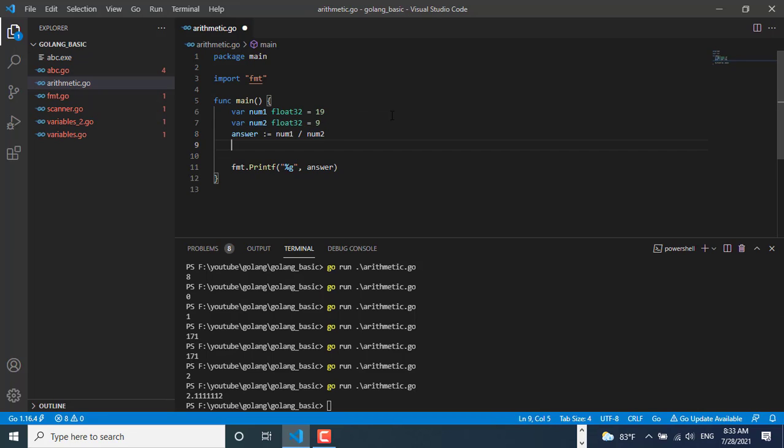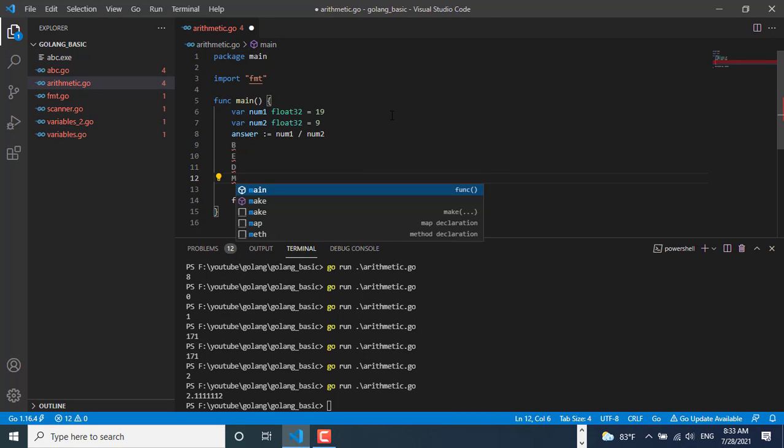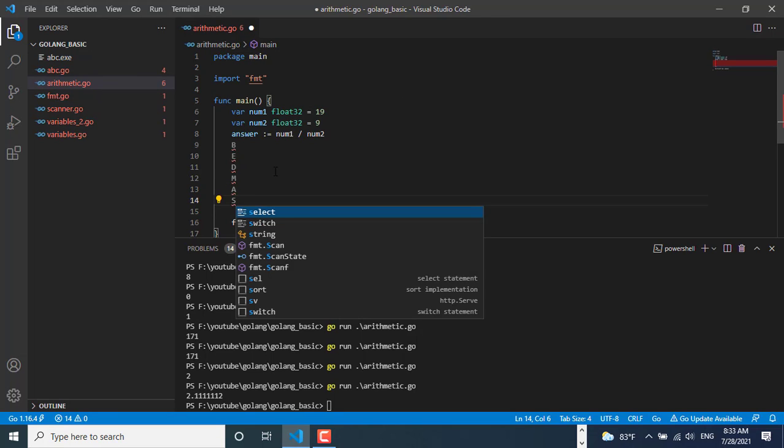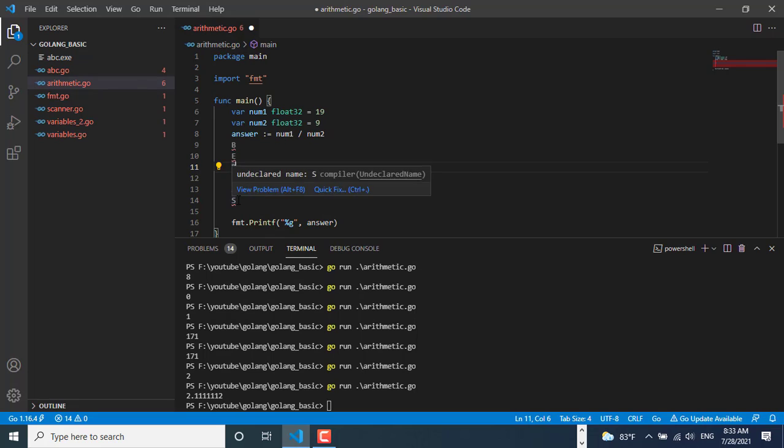I think then there is something. Golang follows BEDMAS in arithmetic operations. B means bracket, E means exponent, D means division, M means multiplication, A means addition, S means subtraction.